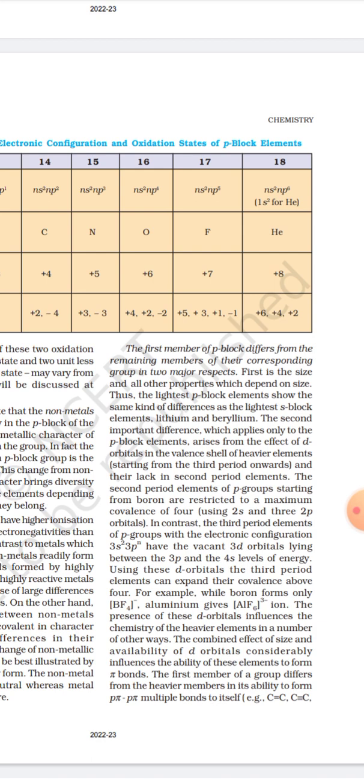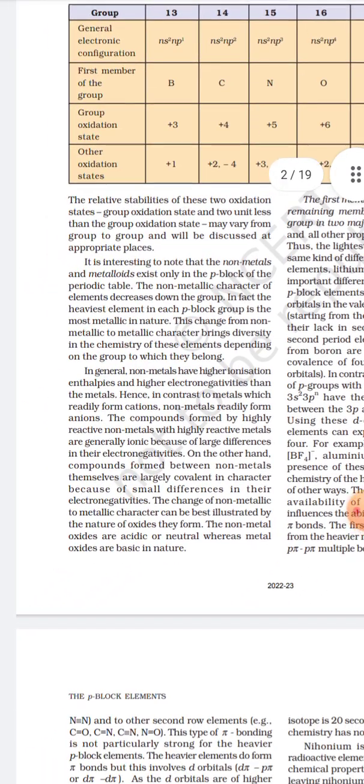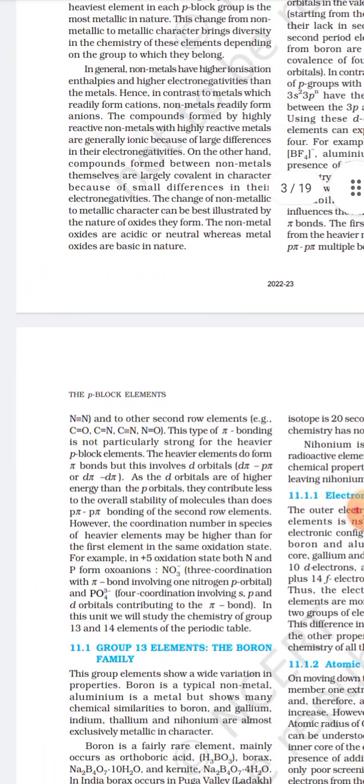The combined effect of size and availability of d orbitals considerably influences the ability of these elements to form pi bonds. The first member of a group differs from the heavier members in its ability to form p pi multiple bonds to itself and to other second row elements. This type of pi bonding is not particularly strong for the heavier p block elements.